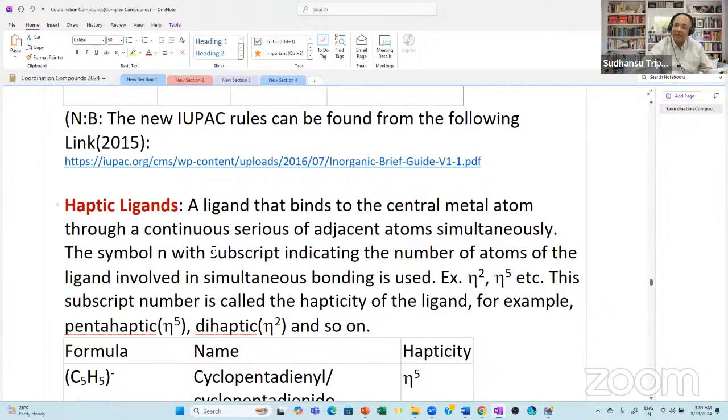Haptic ligands are very typical. Usually, an instructor avoids telling about haptic ligands in the beginning, but you guys are fantastic, so I have no hesitation to introduce the difference between denticity, where one tooth at a time bites, and haptic ligands, where multiple continuous atoms bite together, not one at a time.